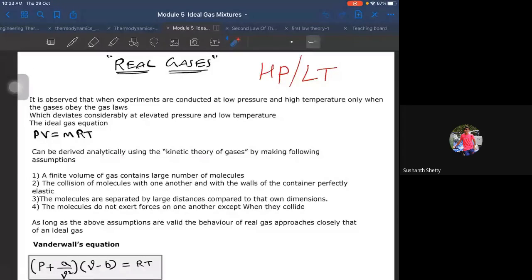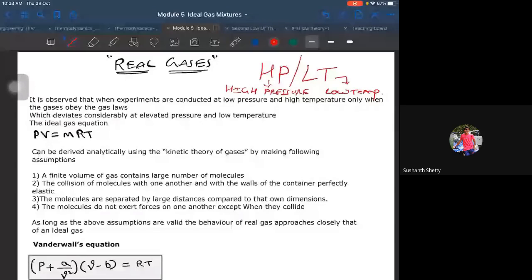HP is the hint for high pressure, and LT was the hint for low temperature. So at these two conditions, at high pressure and at very low temperatures, real gases will tend to behave as an ideal gas.